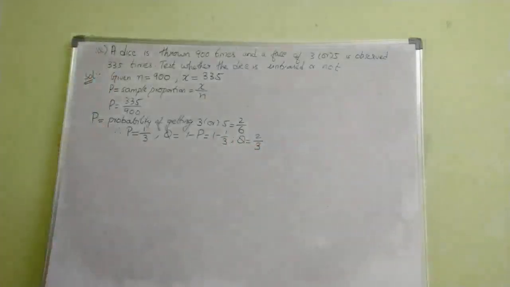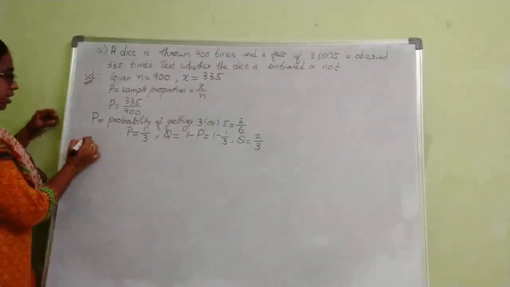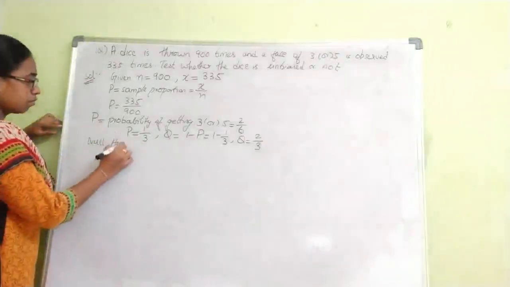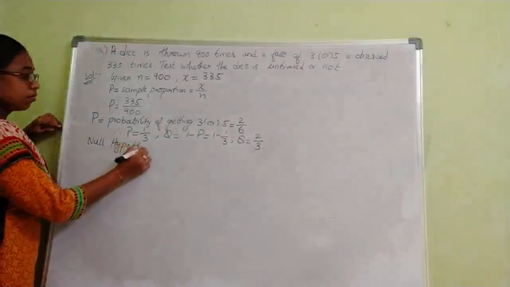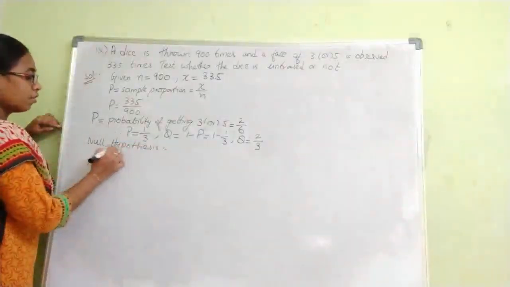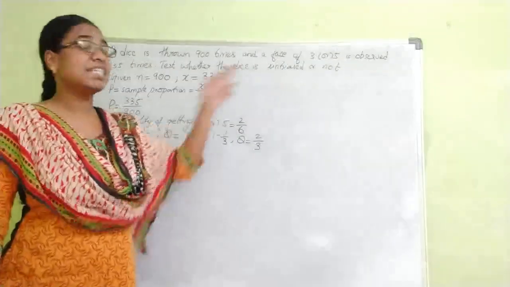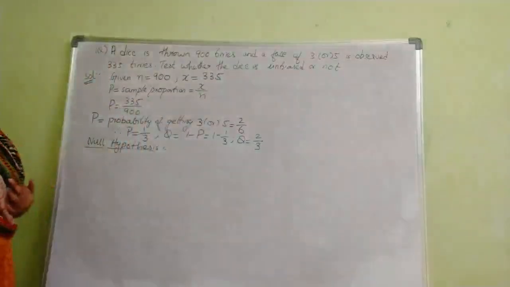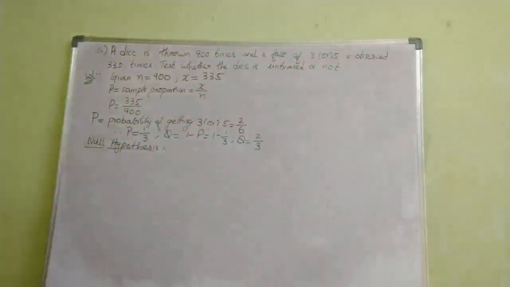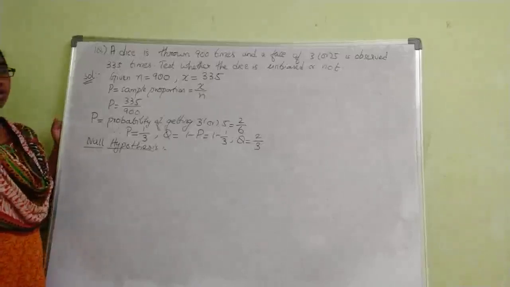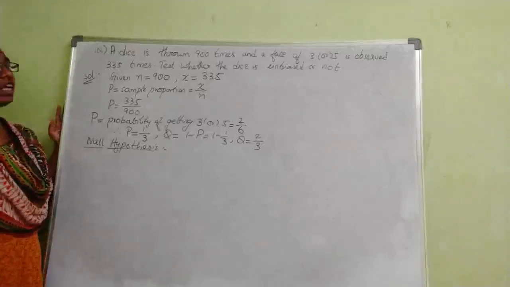Now we have to formulate our null hypothesis and alternative hypothesis. First, the null hypothesis. What are we going to do the test of significance for? To test whether the dice is unbiased or not. So in the null hypothesis, what will you write? The dice is unbiased. Unbiased means there is no cheating in that dice.